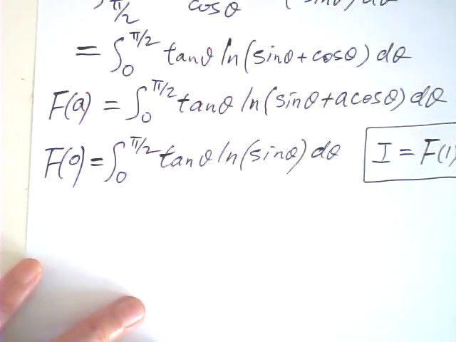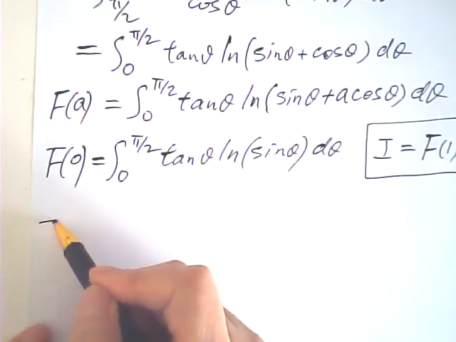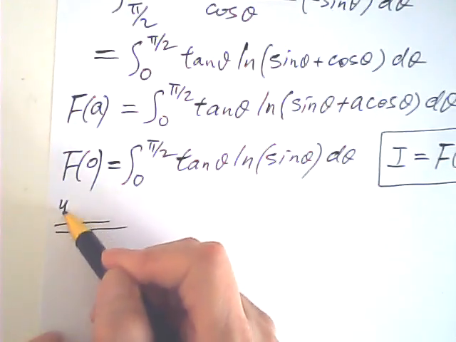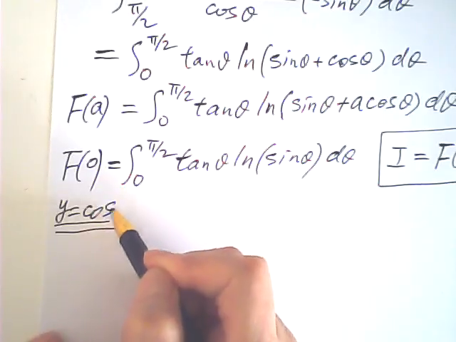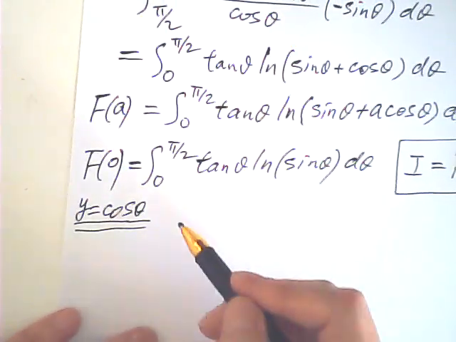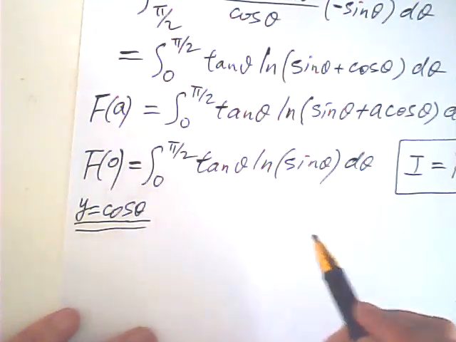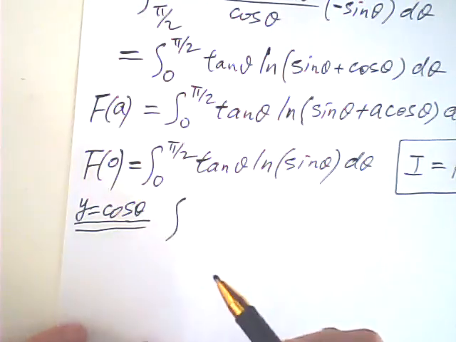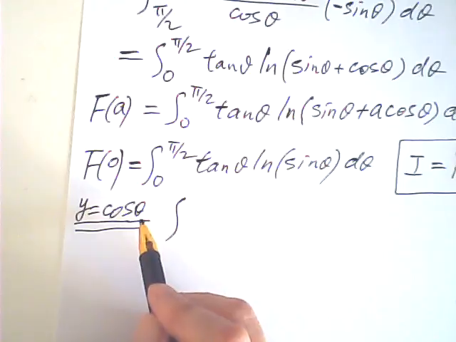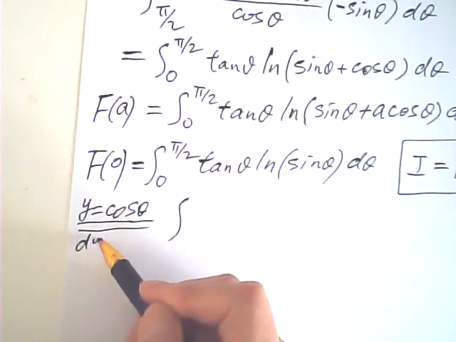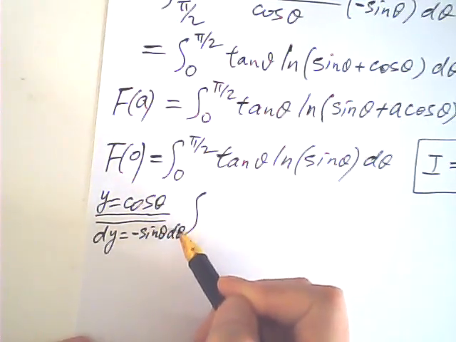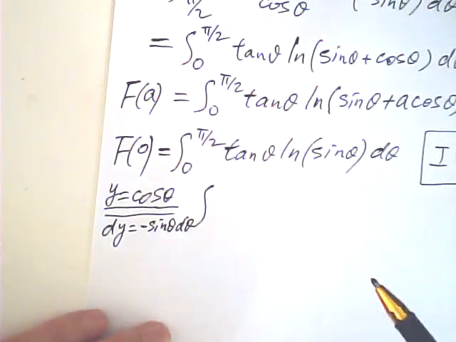Then I let y be cosine theta. Then this becomes, well, dy is what? dy is equal to negative sine theta d theta. Is correct.